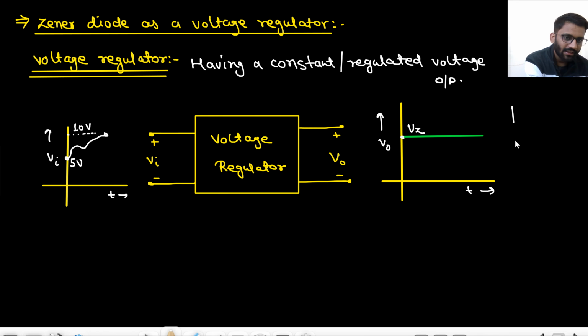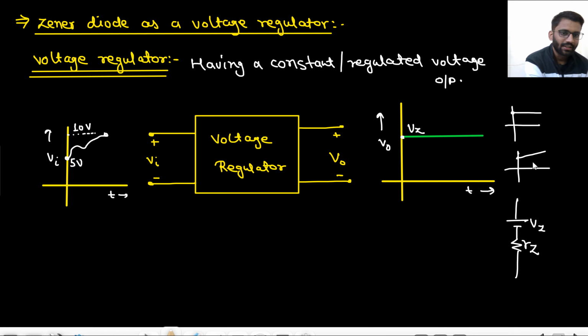Look, having a perfectly clear Vz is very difficult, but you can have somewhat like this, right? You can't make an ideal battery. There will be some resistance as well. So in the case of a Zener diode, you will have a Vz and a small Rz as well. So there will be a little slope also.